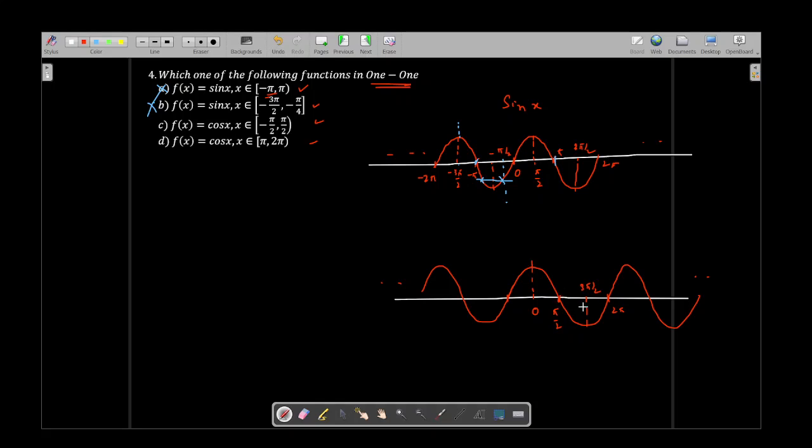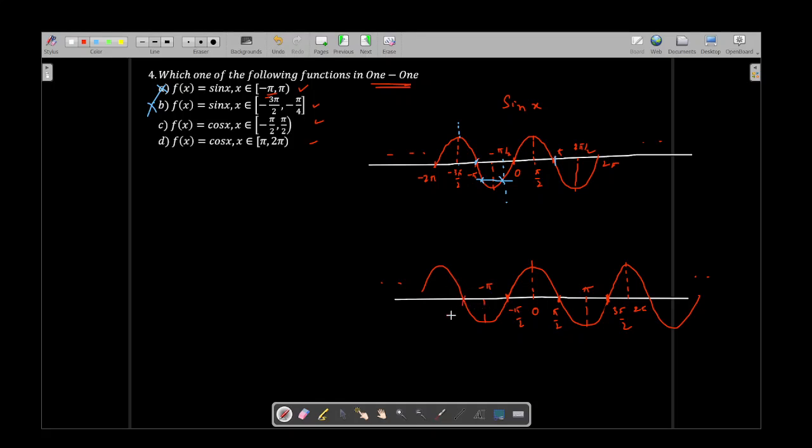This is 0. This is pi by 2. This is my 3 pi by 2. This is pi. This is 2 pi. And similarly here it is minus pi by 2, minus pi.